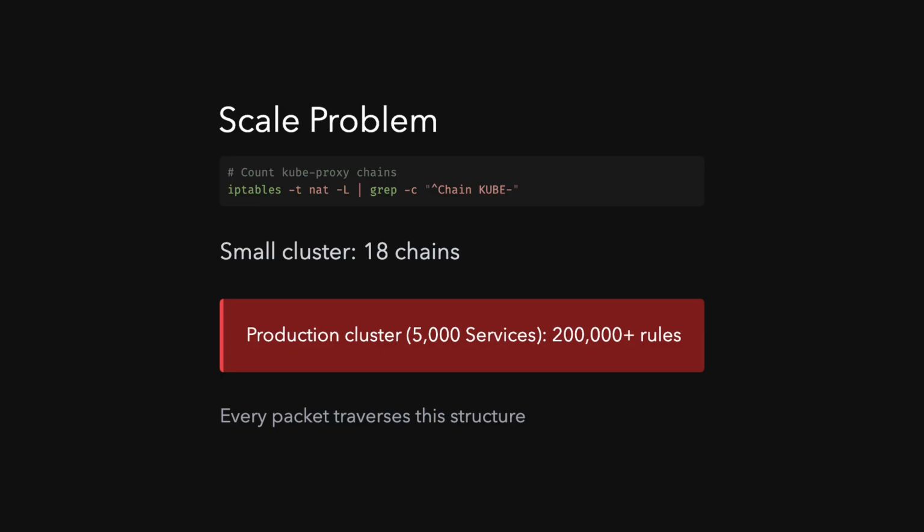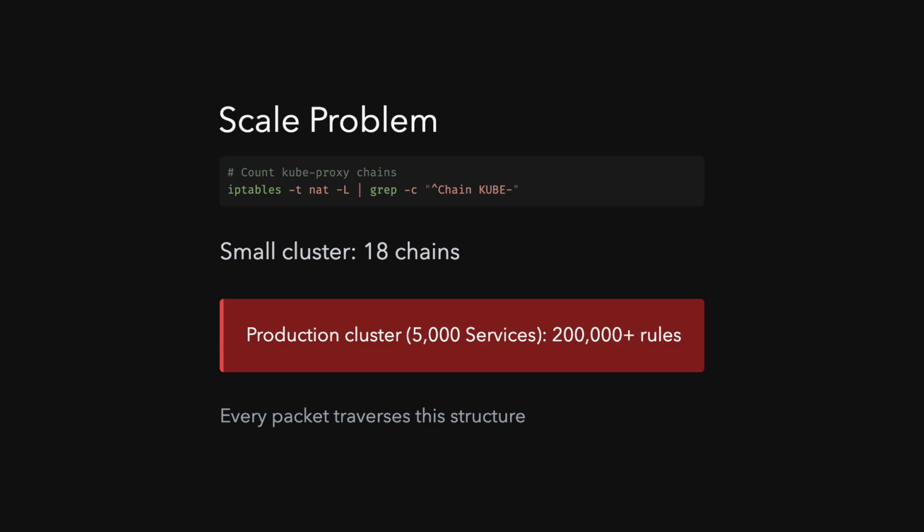In a production cluster with 1,000s of services and 1,000s of pods, this could be a lot of rules. Now you understand why iptables mode doesn't scale well, because every packet traverses this chain structure. You now know exactly how Kubernetes services work under the hood. When service connectivity fails in production, you know where to look.